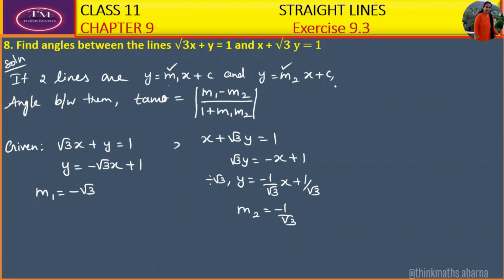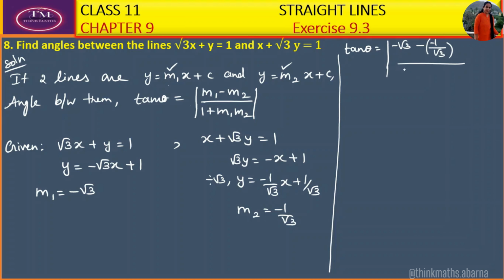Now we have to find tan theta. Substituting here, tan theta is equal to modulus of (m1, which is minus root 3, minus m2, which is minus 1 by root 3) divided by (1 plus minus root 3 into minus 1 by root 3).